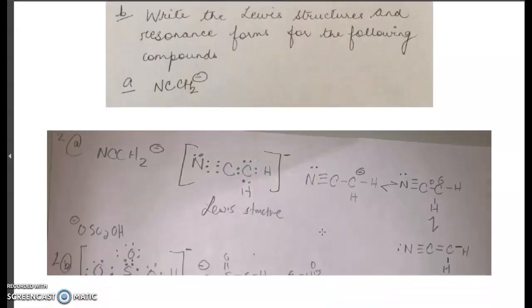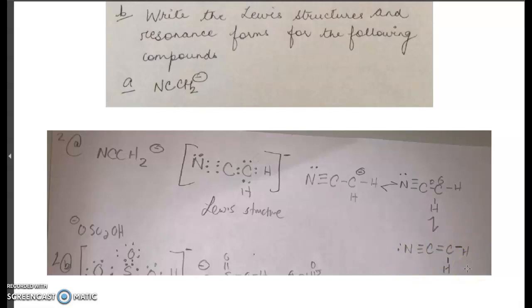As I progress closer to the next structure, where we're doing the resonance, you see the triple bond here, a single bond, and you have that negative charge. That negative charge is going to shift over to the left here, and the next structure will become a double bond, and that's where it stops.